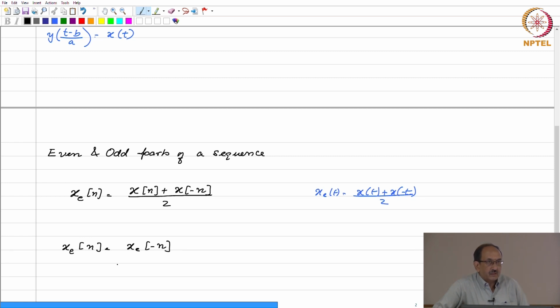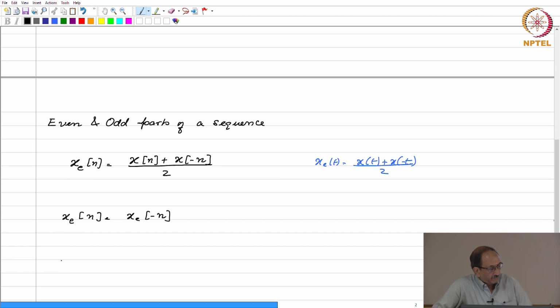Any signal that satisfies this relationship, namely x of n being equal to x of minus n, is called an even signal, and in this particular case x_e of n happens to be the even part of a given signal x of n.